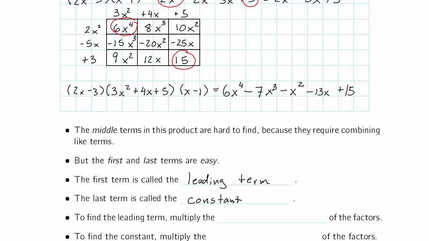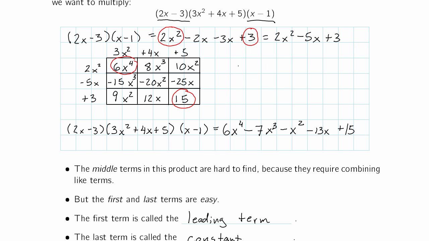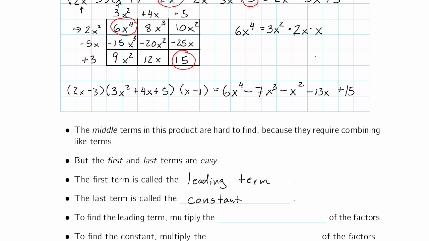So when we got the leading term, well, we ended up with 6x to the 4th. We got that by taking the 3x squared times the 2x squared, but we got that by multiplying these together. So 2x times x. To get the leading term of the product, we multiplied the leading terms of all the factors.